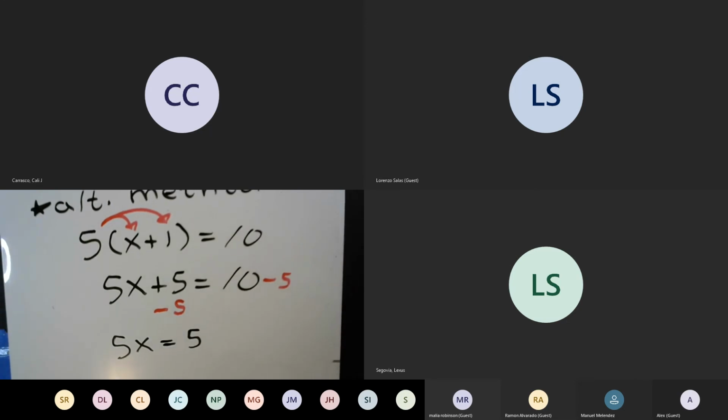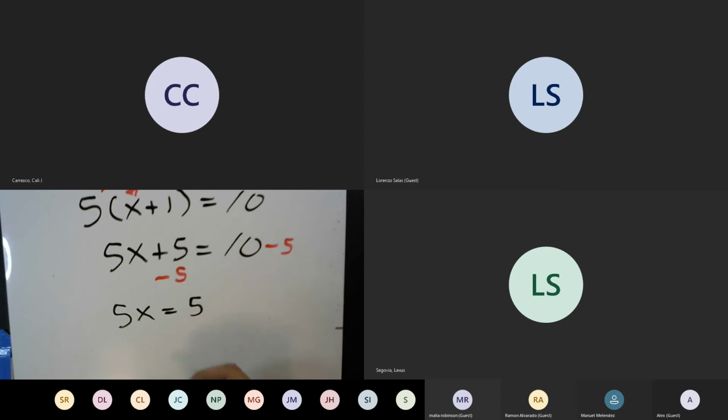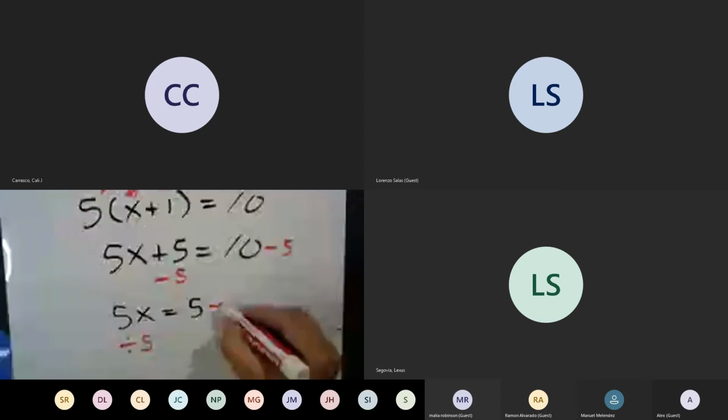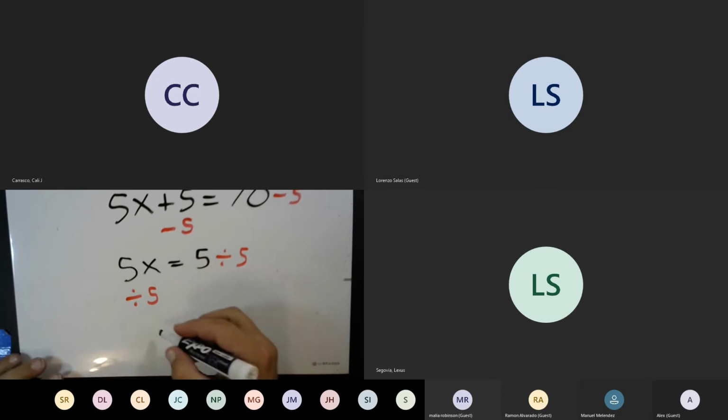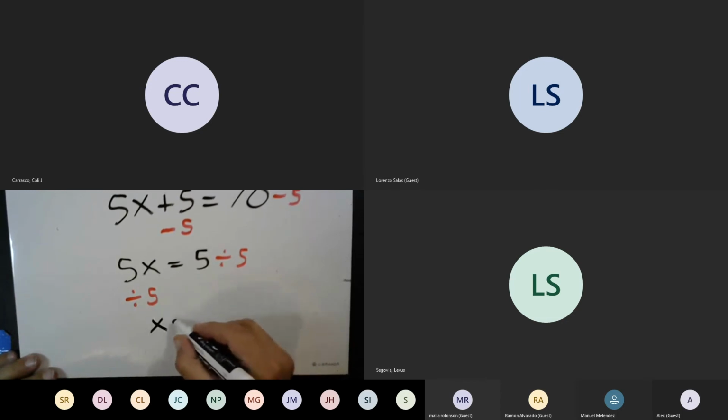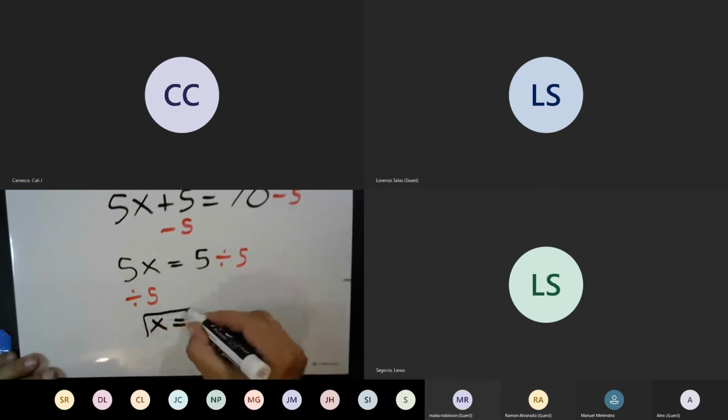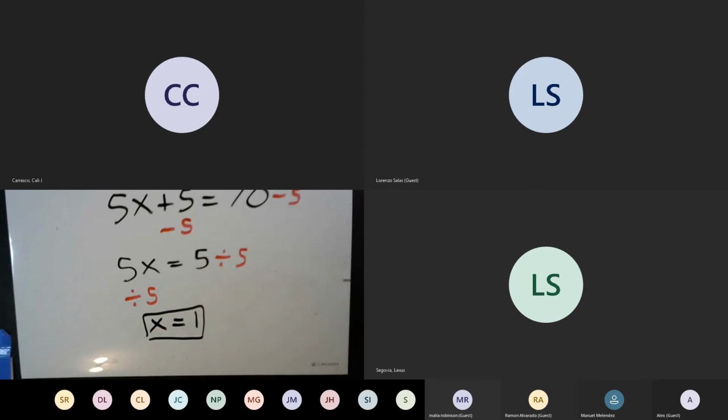And then to undo the multiplication, we divide. So we get x is equal to 1. So any questions about that?